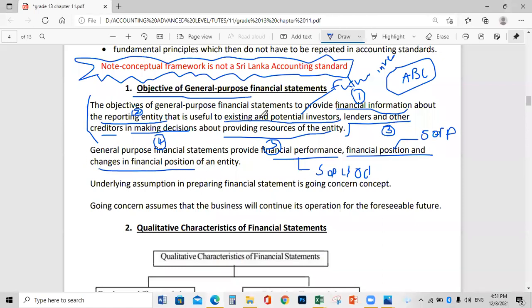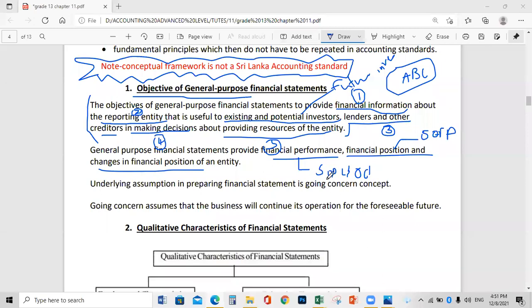And the other one is changes in financial position. Can you all tell me what the financial statement for changes in financial position is? Now, the objective of the statement of profit or loss and other comprehensive income is to provide information about the financial performance of the business, whether the business is earning profit or loss.